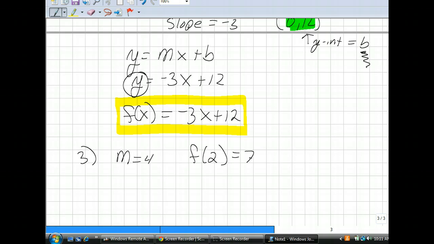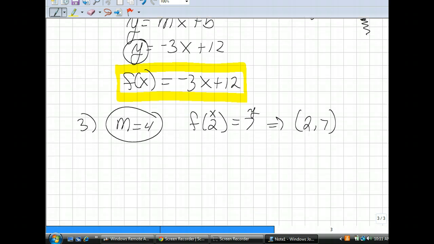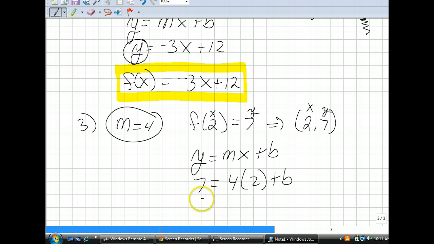So again, what they're giving us here is the slope, and this is really just the point (2, 7), because remember the number in here is an x value, this is a y value. So they're giving us the slope and a point. So just like we did earlier in the chapter, we use y equals mx plus b, plug in what we know. So 7 equals 4 times 2 plus b. 7 equals 8 plus b.